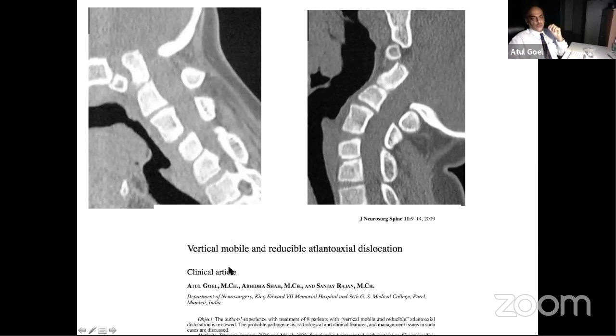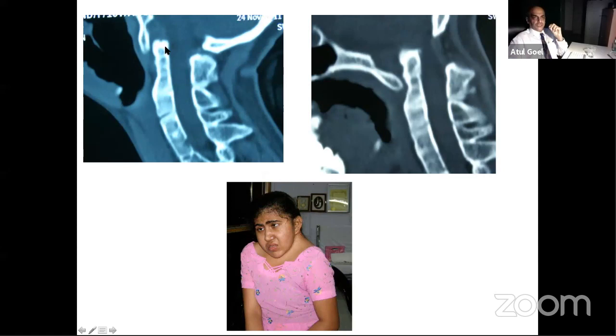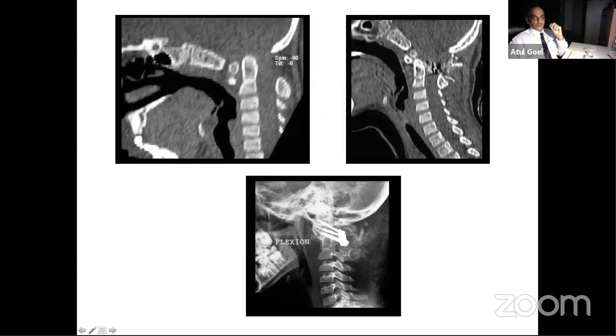It leads to vertical mobile dislocation. You see, in extension the odontoid process is down, and in flexion it goes up. So there is a vertical dislocation due to the weakness of the muscles and due to the standing human position.